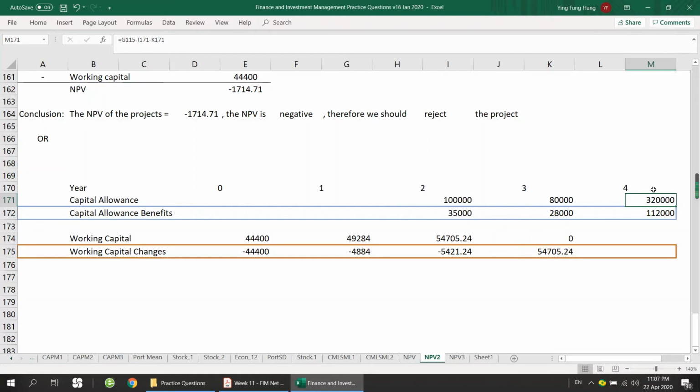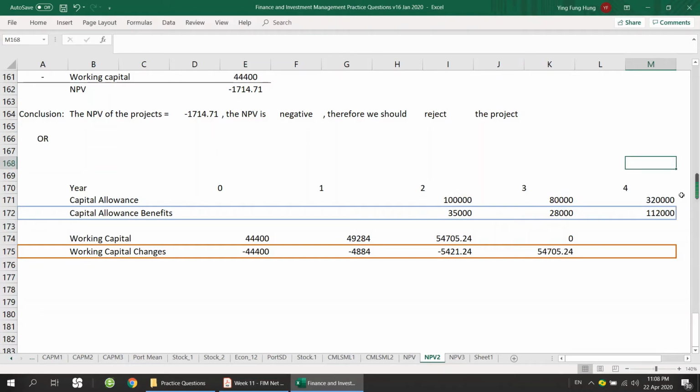However, we have to subtract the previous capital allowances that we already claimed, which are the 100,000 from the first year, which is 20% of the 500,000, and this 80,000 from the second year, which is the 20% reducing balance method. Therefore, we have 320,000 left for the capital allowance.